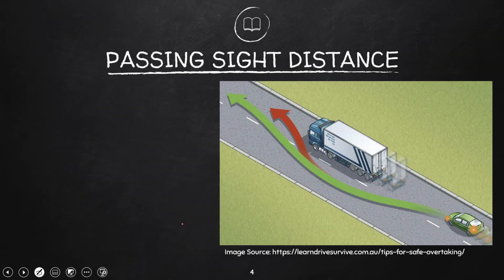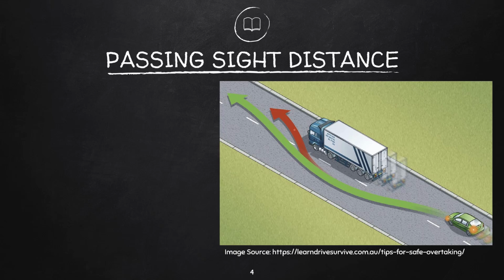So that is self-explanatory. Similar in this picture, the green car here will overtake or pass the slower moving truck. So there is a sufficient passing sight distance that should be available for the passing vehicle to be able to do the maneuver safely.